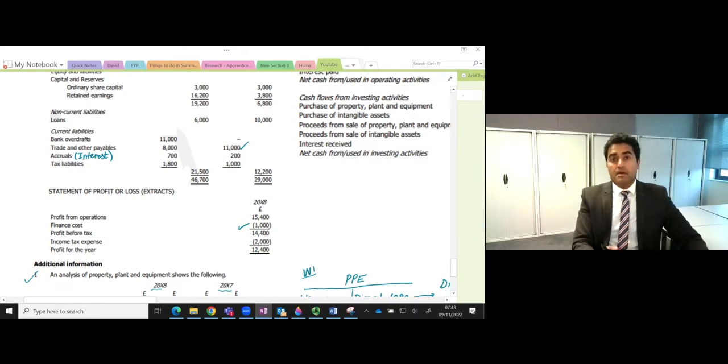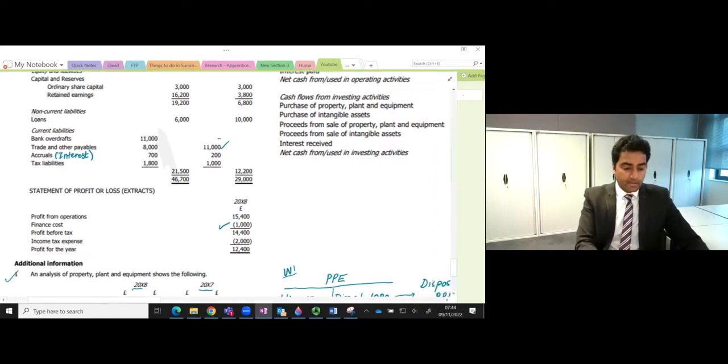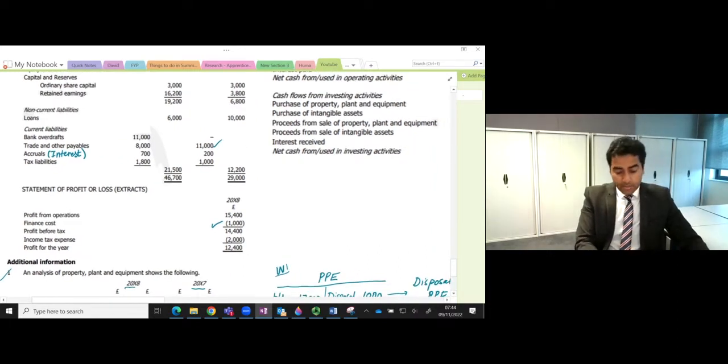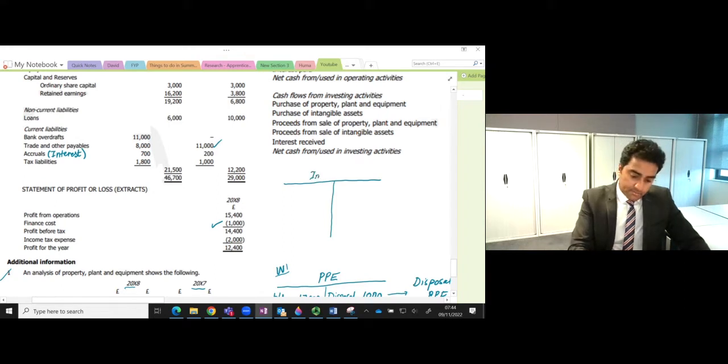Now, I always encourage my students to open a T account and drop the figures in the T account. This way, you will not get your answer wrong. So what I'm going to do is to open a T account, and I will be recording interest expense.